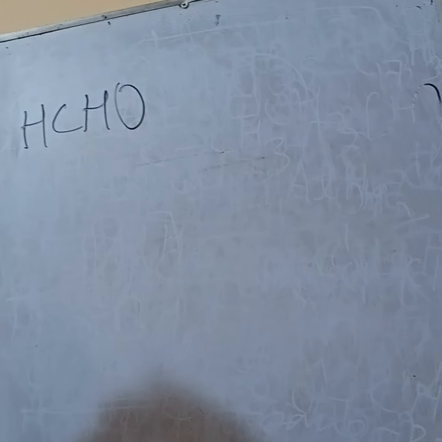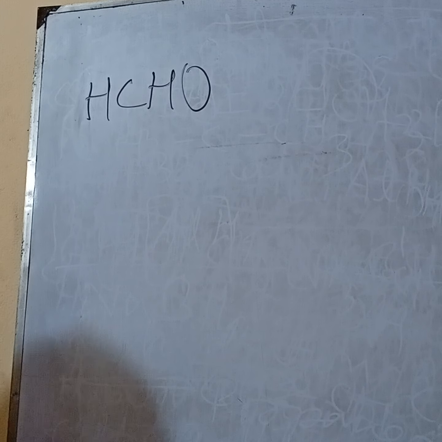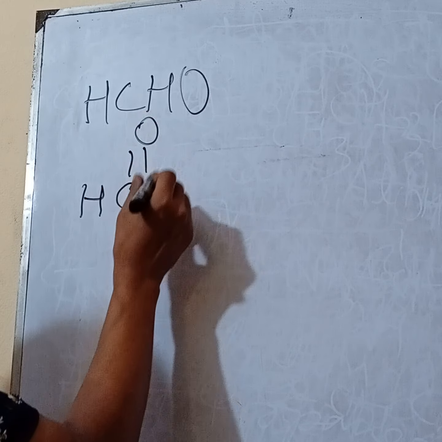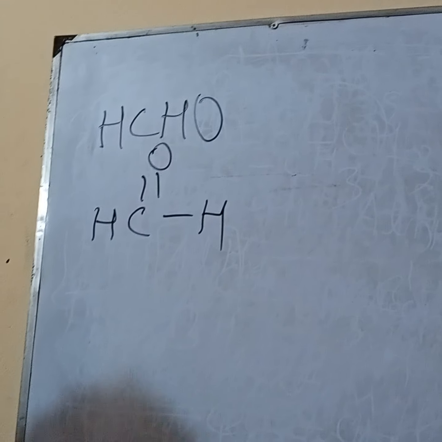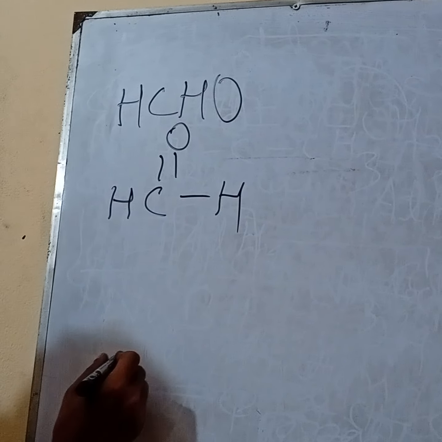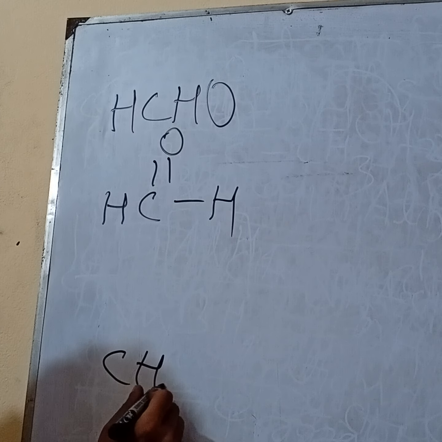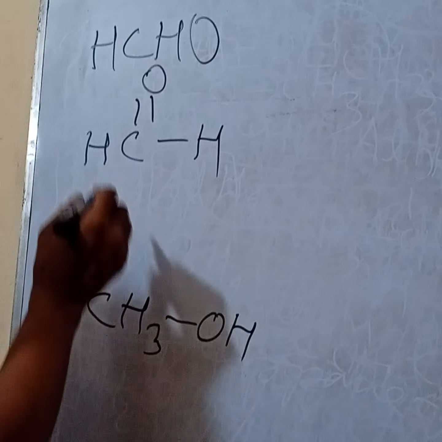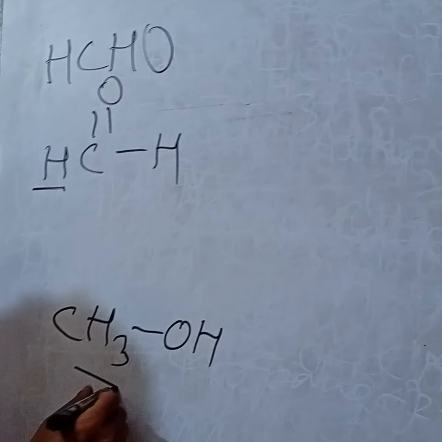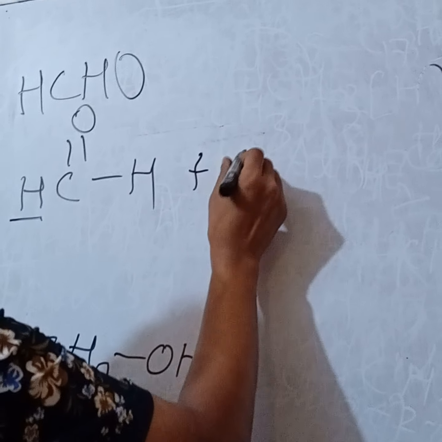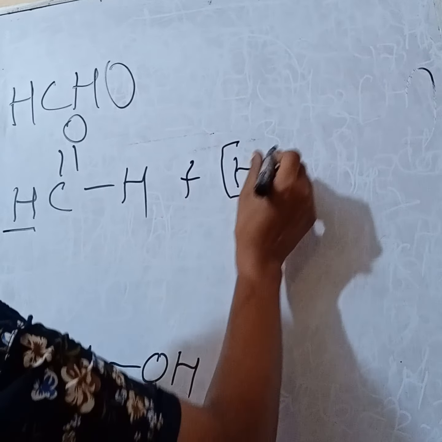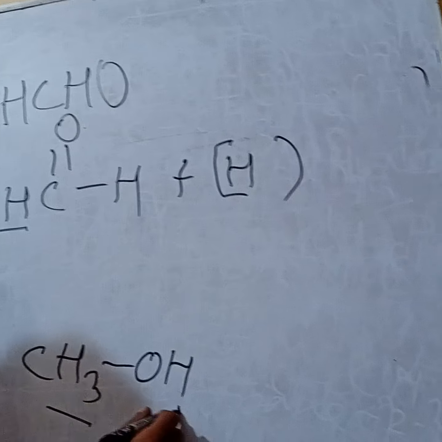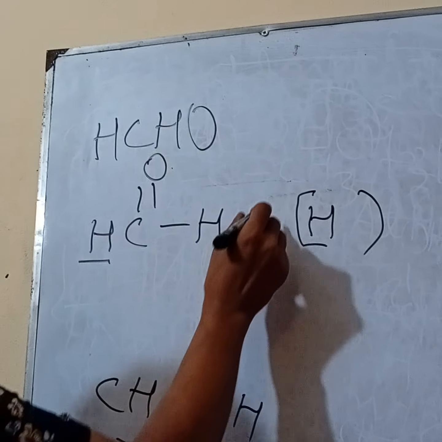Formaldehyde, methanal, an aldehyde structure. I have to create CH3OH. There are 3 hydrogen; I need 2 hydrogen. Sorry, CO, 2 hydrogen.